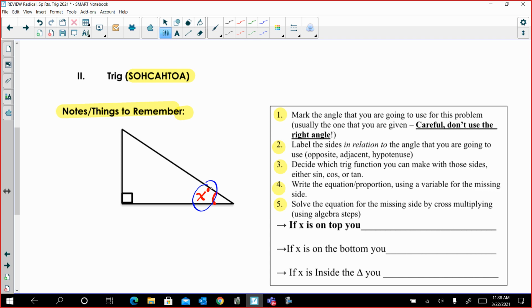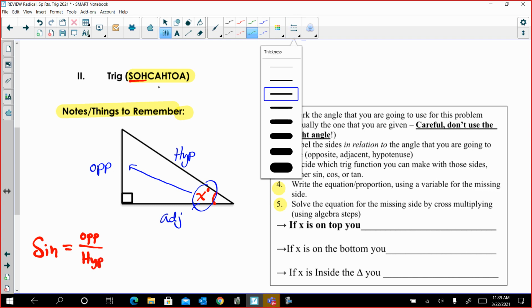These are the parts that you have to know. If I go across from that circled angle, that is your opposite side. If I go right next to it, down here, this would be your adjacent side. And opposite the right angle is always your hypotenuse. You have to know how to label in relationship to the angle. The first 3 letters, SOH: S is for sine, and that ratio is the opposite over the hypotenuse.